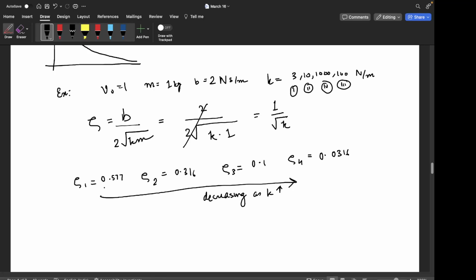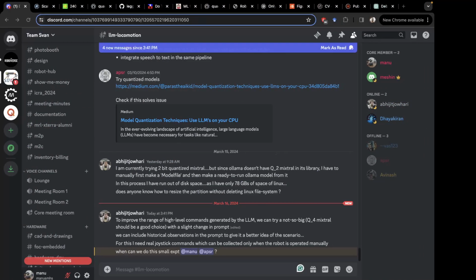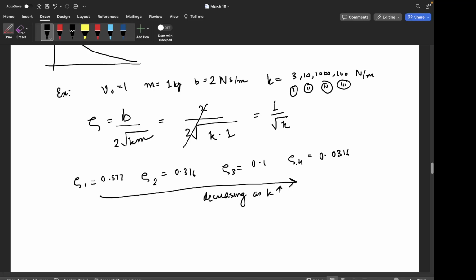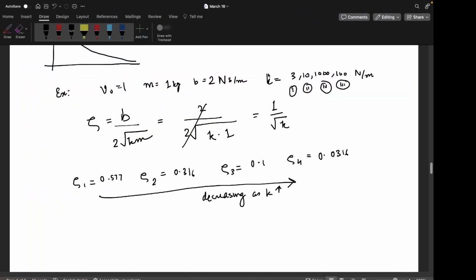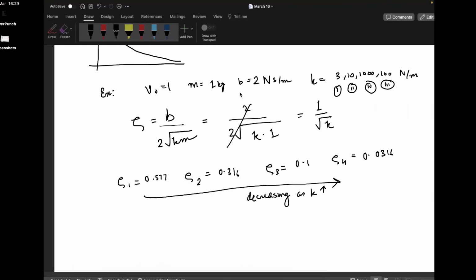So without seeing any plots, if the system is the same and the initial conditions are the same, in which case would there be the highest amplitude of oscillations? The one in which xi is the least, right? So the fourth case, and the frequency will also reduce the least in xi4 compared to xi1. So let me see where that screen was.